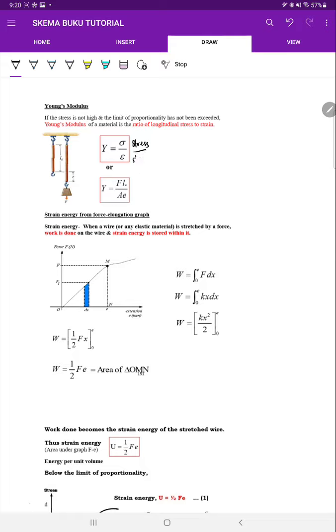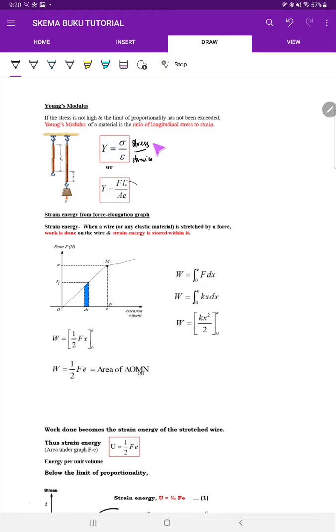Kita tahu stress sama dengan F per A divided by e per L. So, kita akan dapat Y equal to FL over Ae.